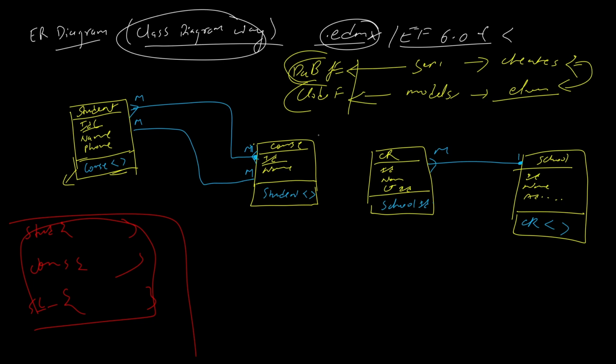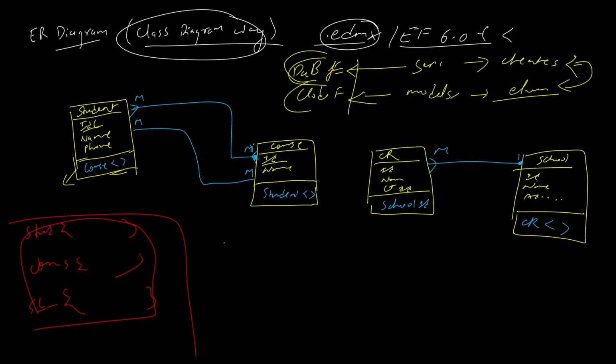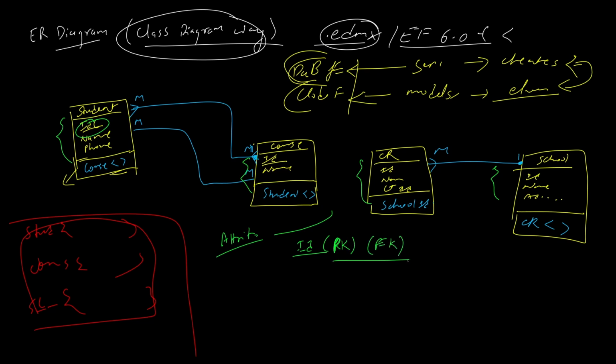And that's how EDMX works. EDMX does not care at all about attributes, because it uses properties. There's no way of knowing any detail other than the key attributes. The id will be given like this, or with a PK and a bracket with details of what kind of key it is, U for unique, something like that.